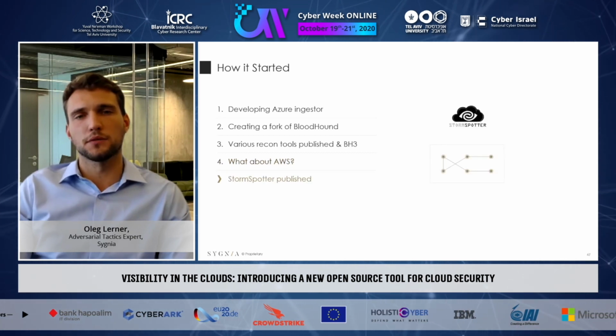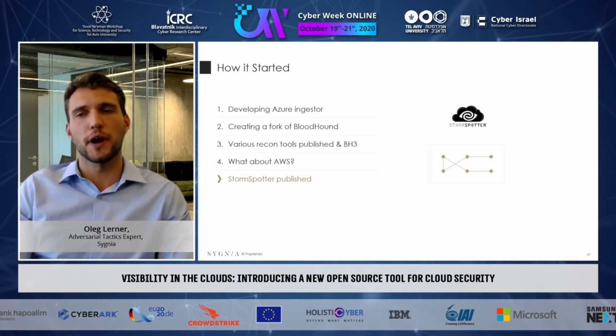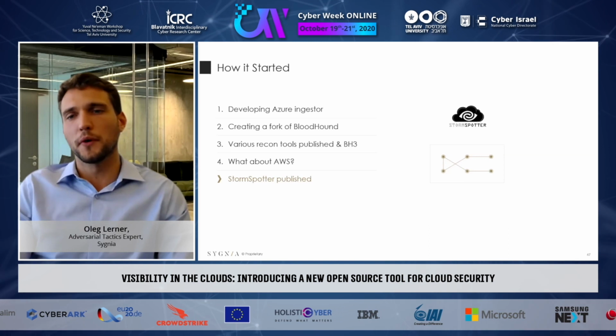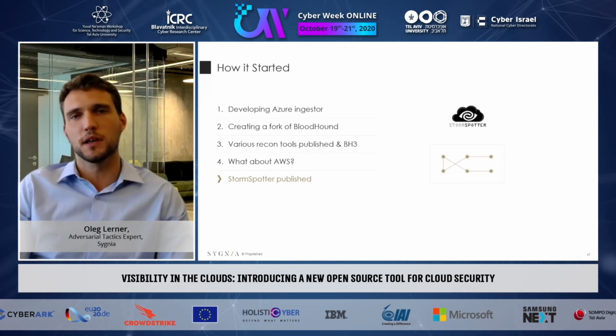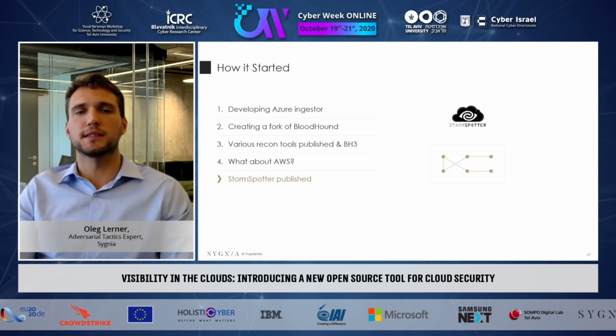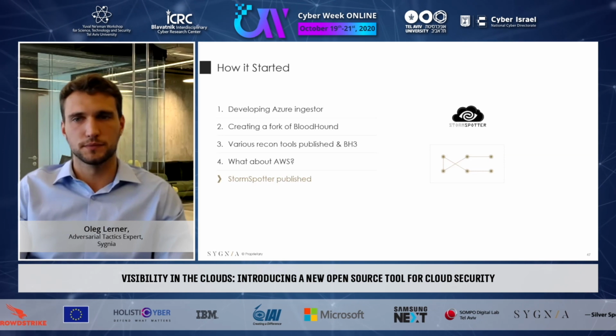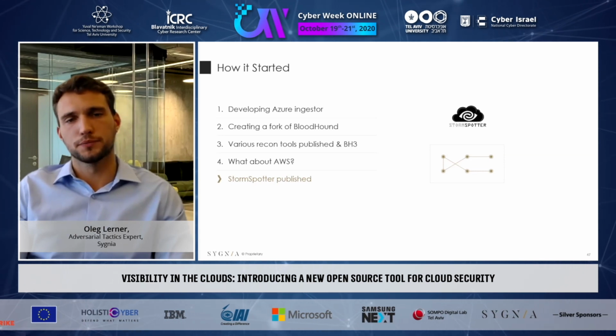During our development and research, StormSpotter was published, a tool for enumerating and identifying gaps and misconfigurations in Azure. We decided to embrace the comprehensive Azure enumeration provided by StormSpotter into our framework.